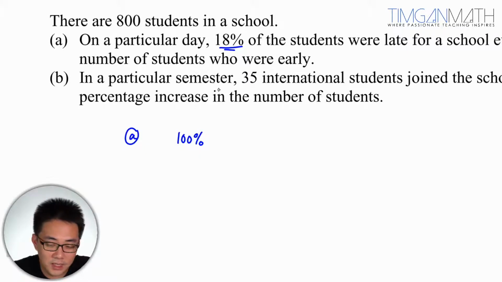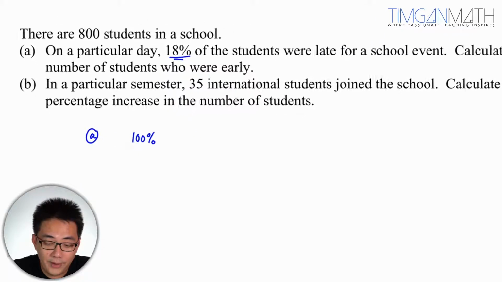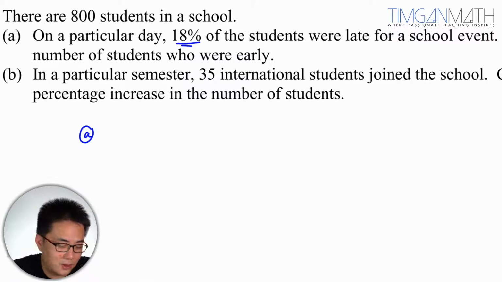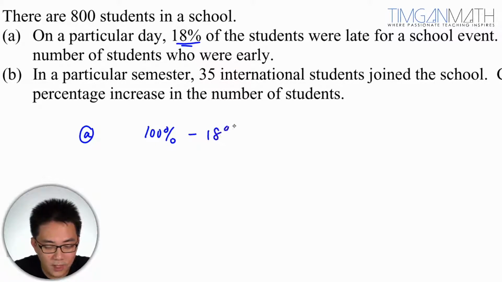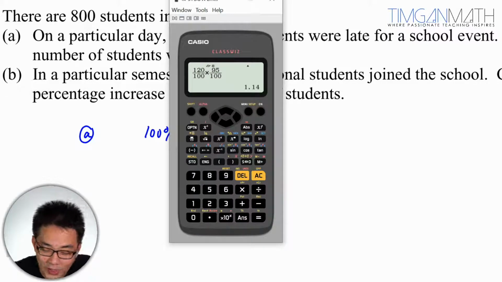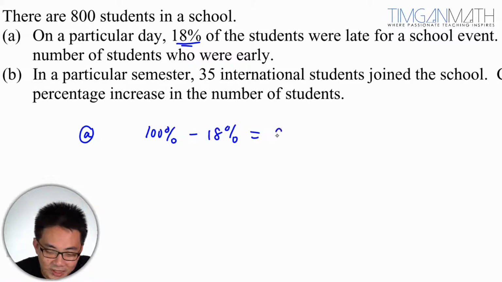Latecomers were 18%, so the percentage of students who were early is 100% minus 18%. It's quite straightforward: 100 minus 18 is 82%.